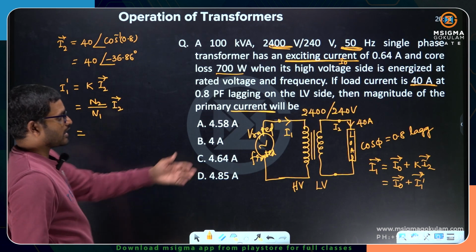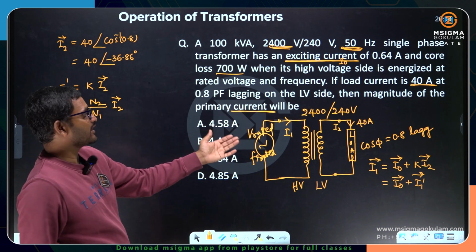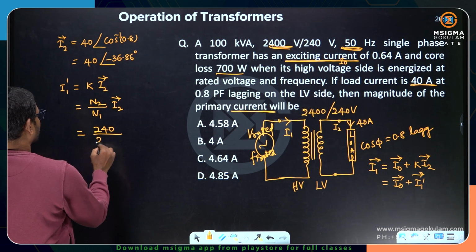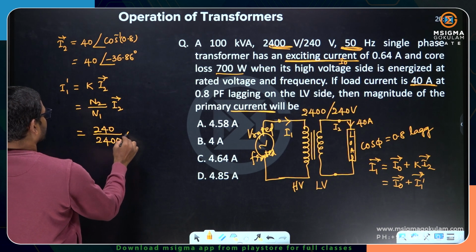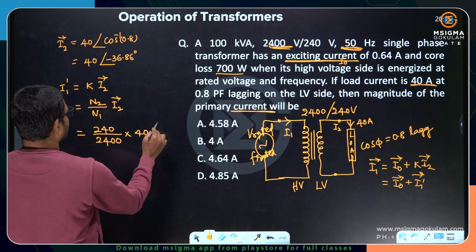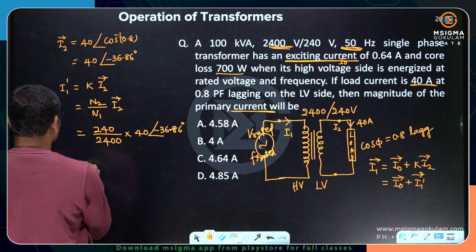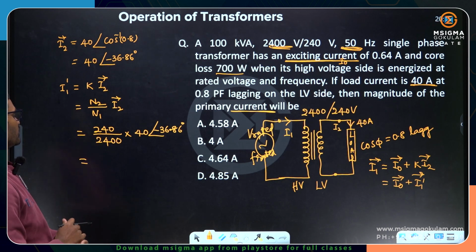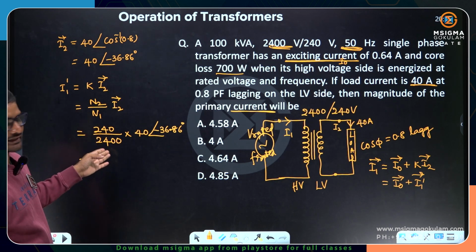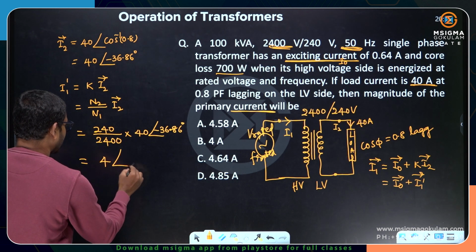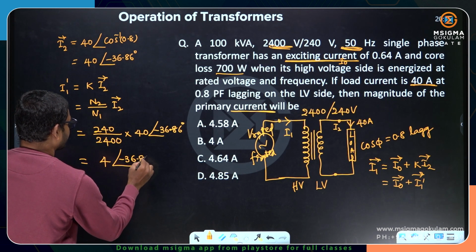So E2 by E1 can be taken as 240 divided by 2400, into I2, which is 40 at an angle minus 36.86. If you solve this, 240 divided by 2400 comes out to be 1 by 10. So 40 by 10 will be 4. So 4 at an angle minus 36.86.